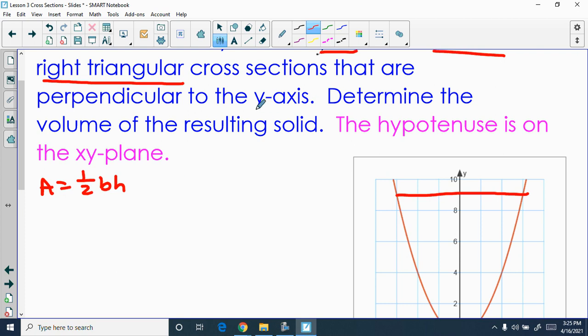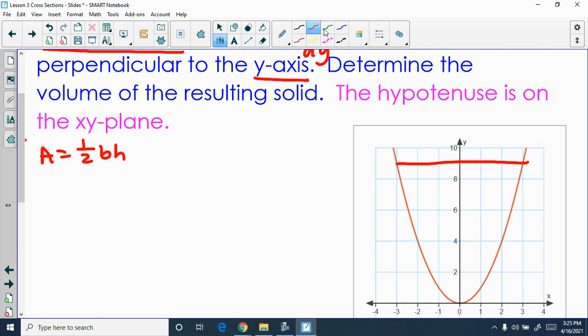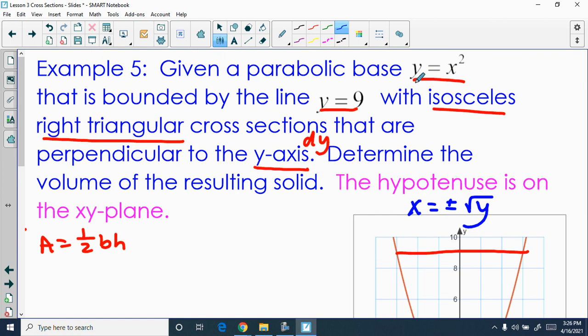And we're doing this with respect to y because we've got the y-axis here. And remember, we've already solved this for x in that last problem. So x is equal to plus or minus the square root of y. And again, that came from our original equation, y equals x squared.